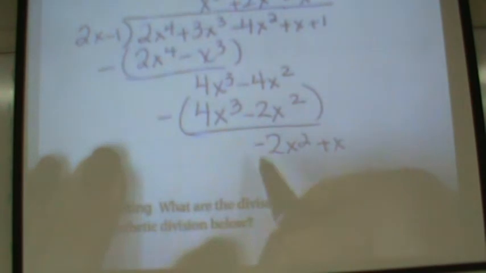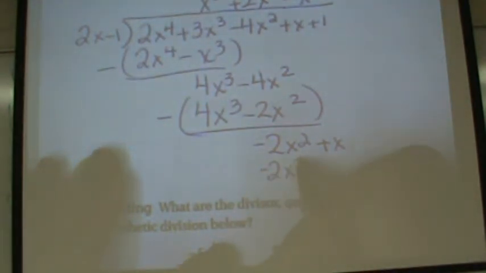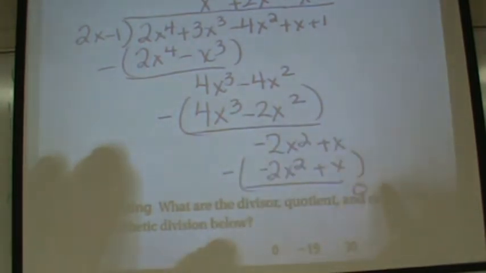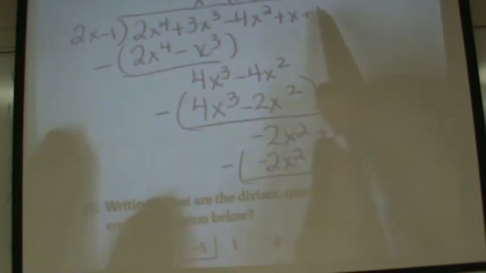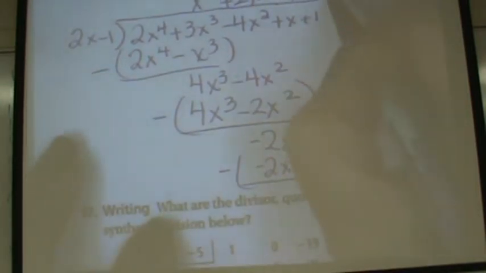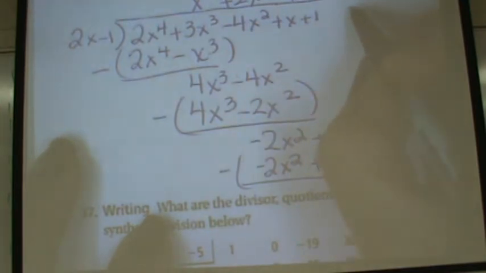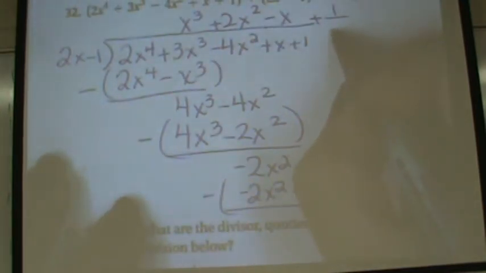Negative x times 2x is negative 2x squared plus x. When you subtract these, you get a 0, and you bring down your 1, and you have a 1 as a remainder. That's going to be a remainder, so plus 1 over 2x minus 1.